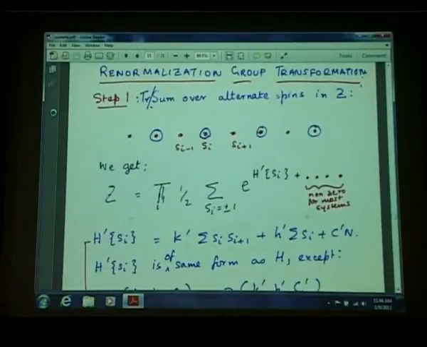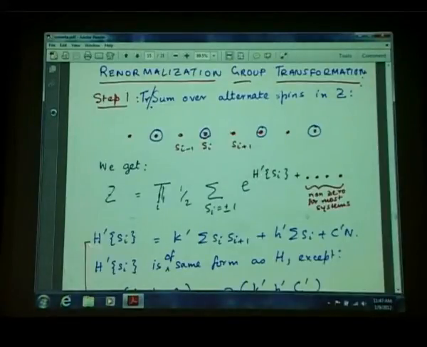Once I sum over these alternate spins, I will get something, and the summation is not easy to do. In fact, in this model, I can do it exactly. But if I do that, what I get is a very surprising structure. I get that my partition function Z can now be written as a tracing over alternate sites on a lattice with twice the lattice spacing and half the number of spins, and I have the exponential of a new function h prime of all these spin variables.